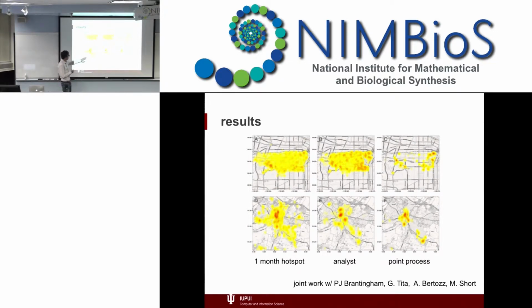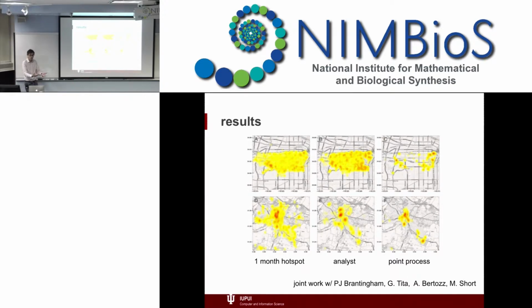If you look at a 1-month hotspot map of where crime was occurring, that almost directly correlates with what the analyst was doing in terms of placing their predictions down. The algorithm was much more focused in certain areas than the analyst. We'll probably be talking a lot about contagion over the next couple of days, but in fact, it's really this background rate that gives the point process the advantage over the analyst.